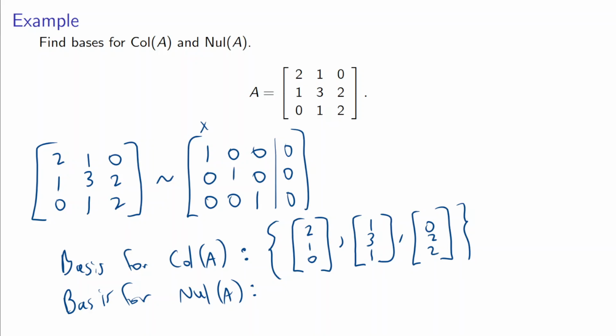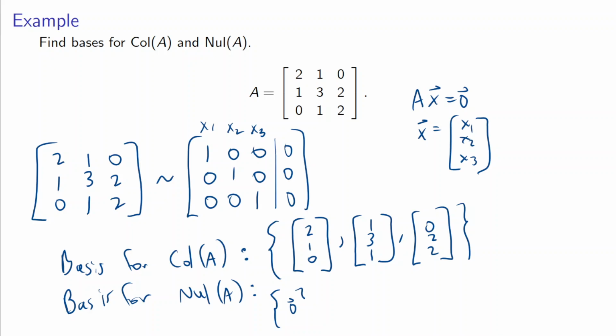And if we're solving Ax equals 0, so if x is, in this case, (x1, x2, x3), then the fact that we reduced this to the identity matrix basically says that the only solution to this is x equals the 0 vector, that x1 equals 0, x2 equals 0, x3 equals 0. So, the only vector is the 0 vector, so a basis is just going to consist of that 0 vector.